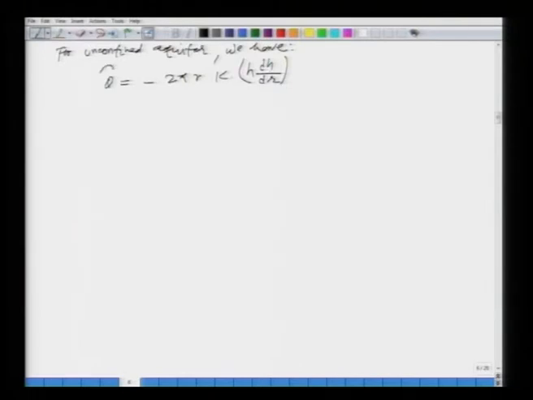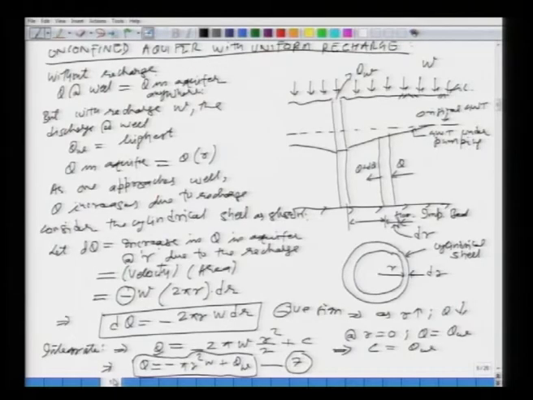Now, what is this Q? This Q we put from equation 7, which is minus pi r square W plus QW.